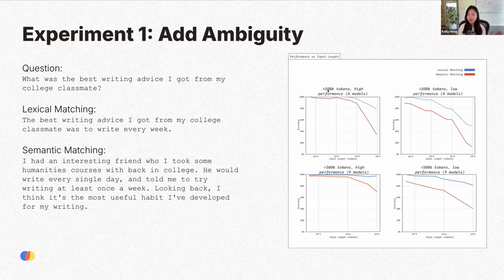For example, a long context model over 500K tokens and a high performing one would be something like GPT 4.1. But a small context window model that performs pretty poorly would be something like GPT 3.5. So we group these models, but across all these groups, you can see that the semantic matching task causes performance to degrade a lot faster as context length increases.